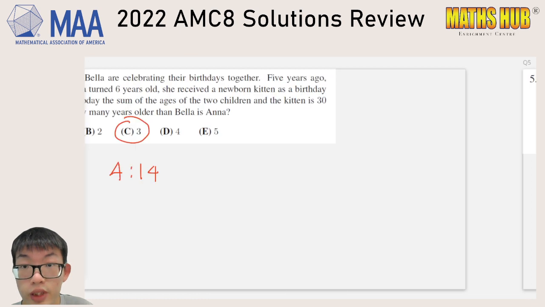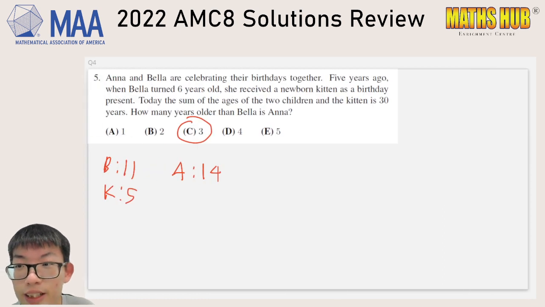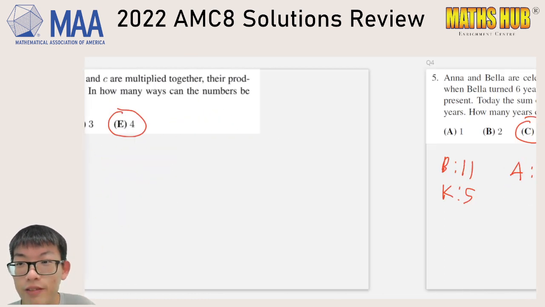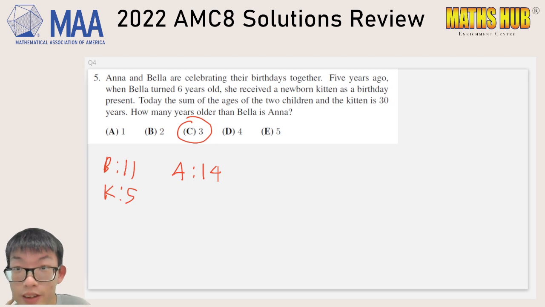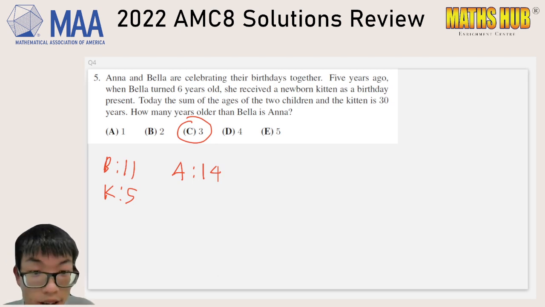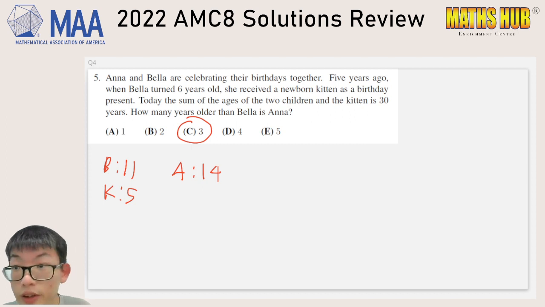Oh no, that's the wrong question, right? Let me change that. I think I copied question 5 twice. So this is for question 5, sorry. Minor hiccup, let me bring in question 4. Okay, so I mixed up the question order, so just take note of that.